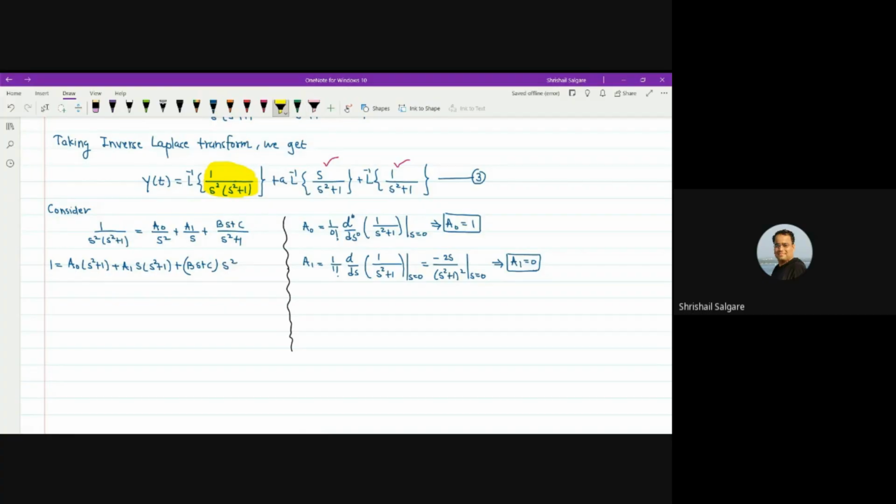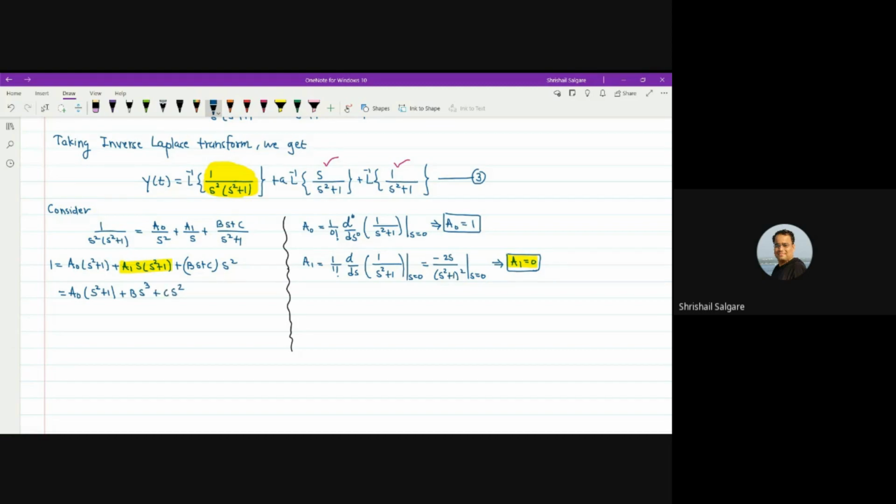One thing you can notice, a1 is 0, that's why I will neglect this term, because 0 multiplied by anything is 0. So I write a naught into s square plus 1 plus b into s cube plus c into s square.